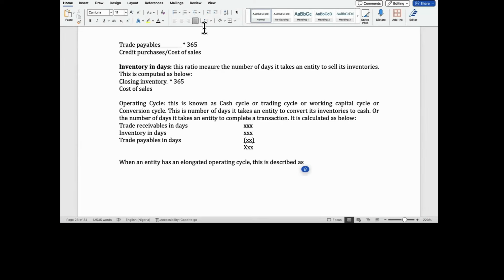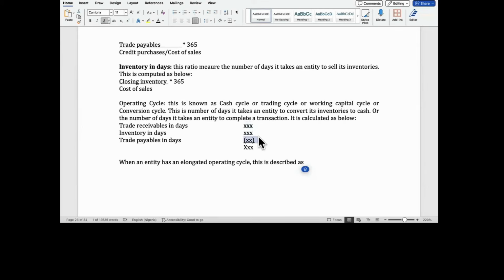When a company has an operating cycle that is too long, it's taking so long to collect money from receivables and it's taking long to sell. Even if you are selling, you can't collect your money.